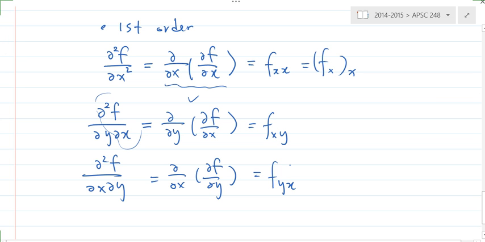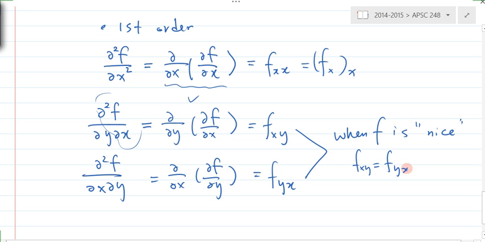You could have a third order, but just keep going in this fashion. So the question is, under what situation are these two the same? When function f is a very nice function, then fxy equals fyx.